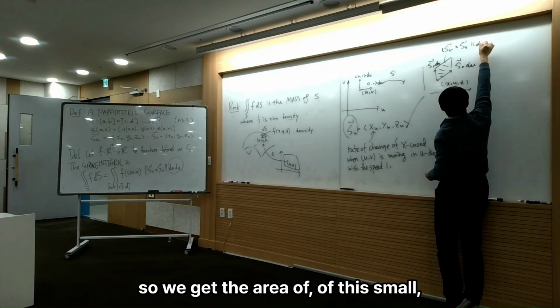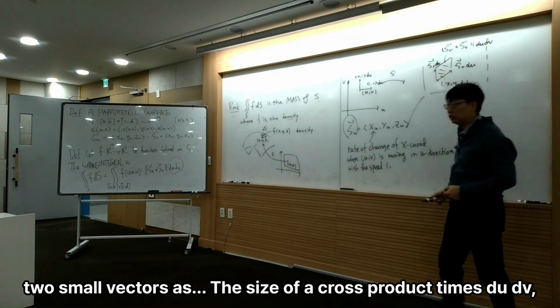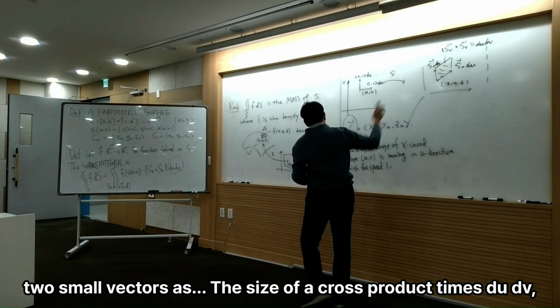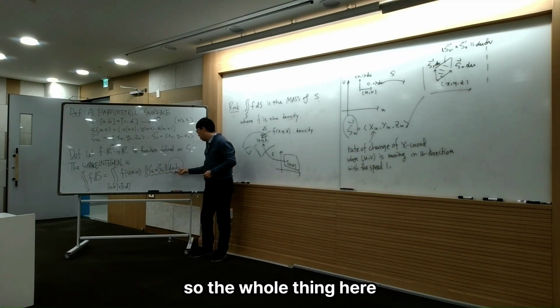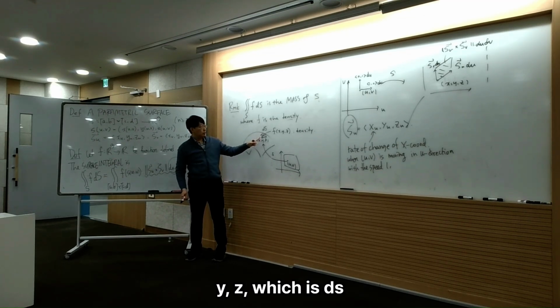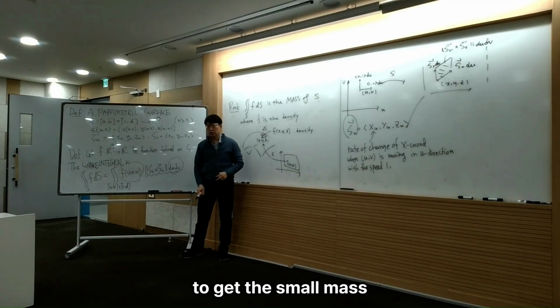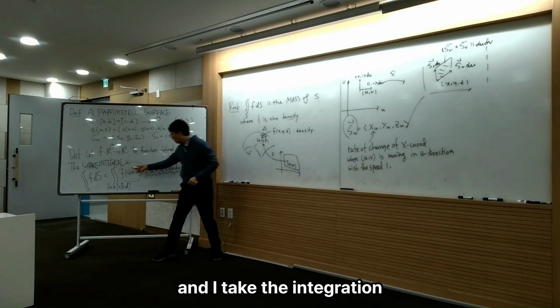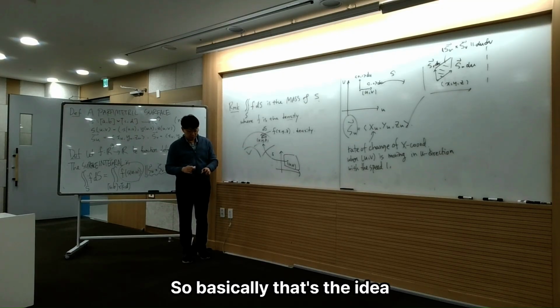So we get the area of these two small vectors as the size of the cross product times du dv. So the whole thing here is the small area around (x, y, z), which is dS. And I multiply by the density to get the small mass, and I take the integration to get the total mass. So basically, that's the idea.